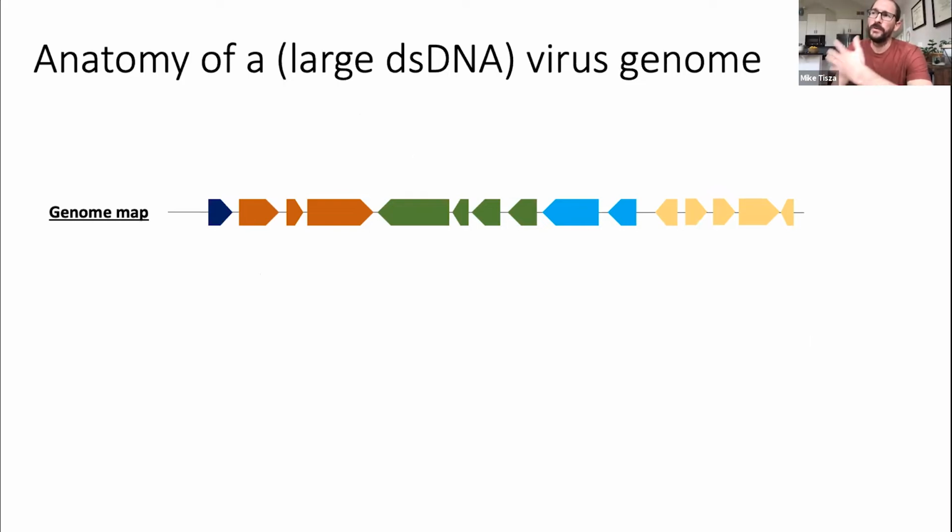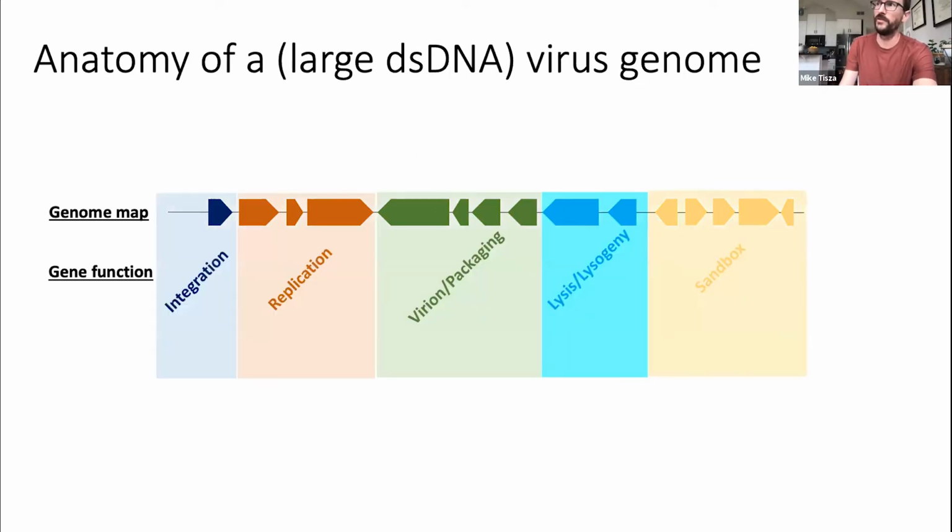The guiding principle behind Cenote-Taker2 comes from just sequence gazing at virus genomes. So I'm going to give an example of what a hypothetical large double-stranded DNA virus genome looks like, broken down into its components, just based on the functionality of the genes. So in this hypothetical genome map, you would have genes for integration, right? An integrase, replication like a DNA polymerase or certain helicases.